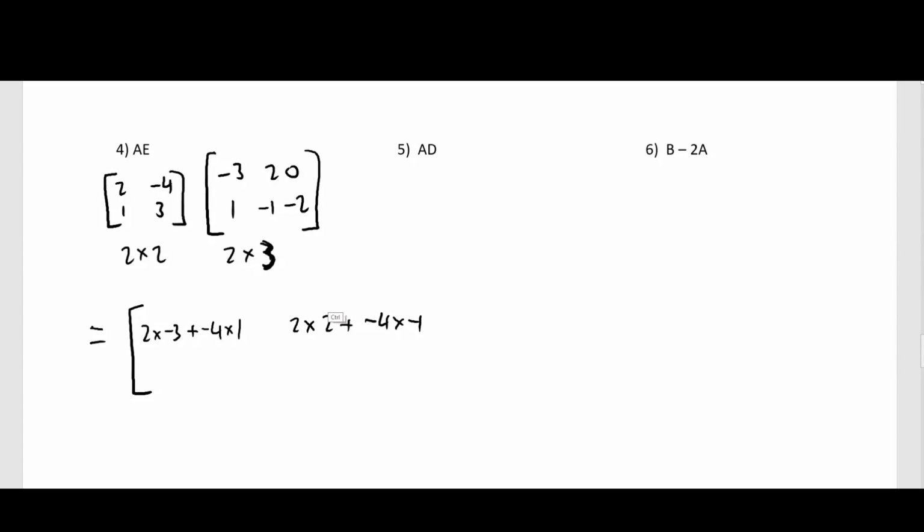Then we've got 2 times 0 plus -4 times -2.